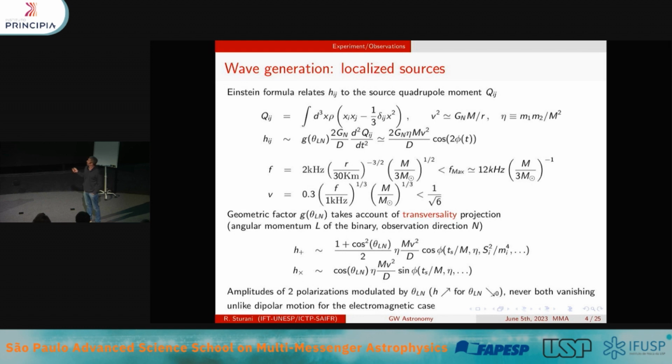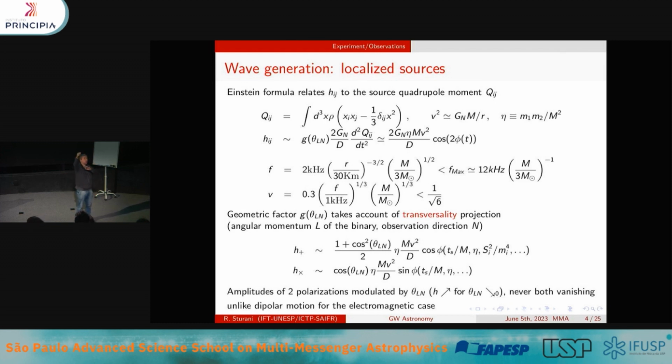So if you are very lucky, we have theta equal to 0. We see the two polarizations with maximal intensity. And if you are unlucky, we see only 1/2 of the plus polarization and nothing of the cross polarization. This has nothing to do with the localization of the detector on the Earth. No? All detectors on the Earth will see the same theta, because it has to do with the viewing direction and the orientation of the binary.